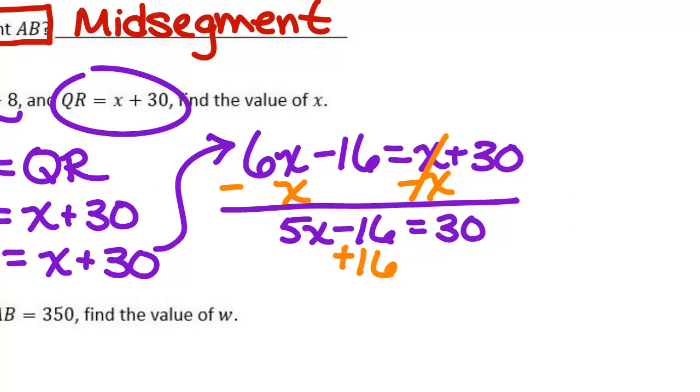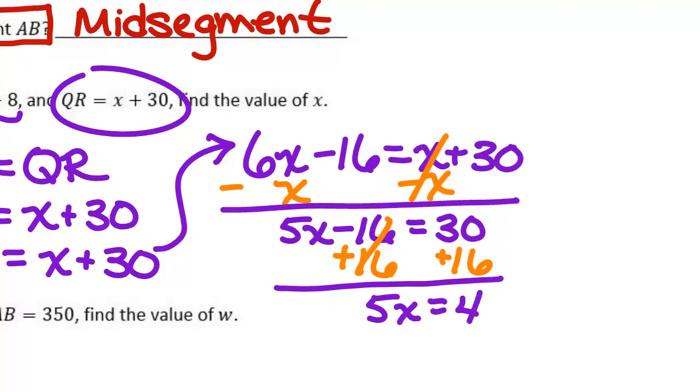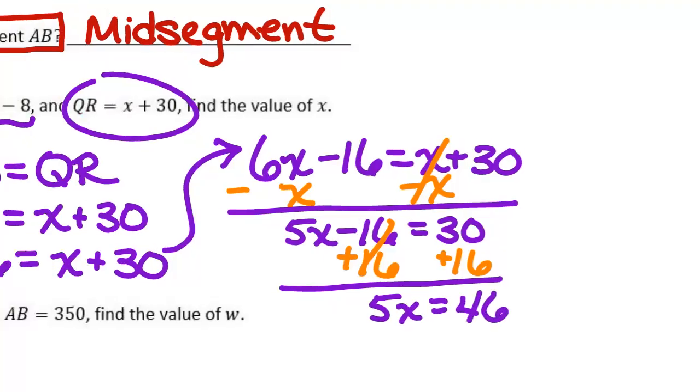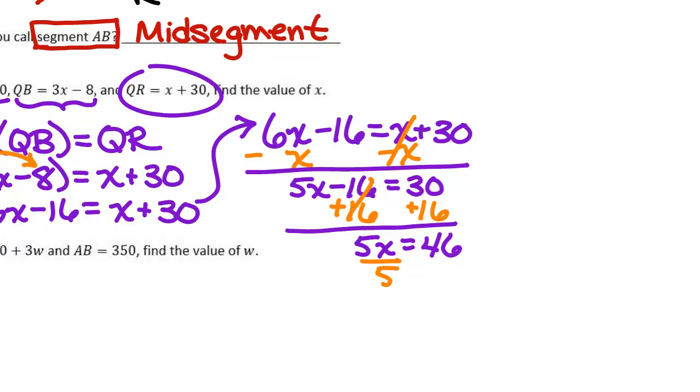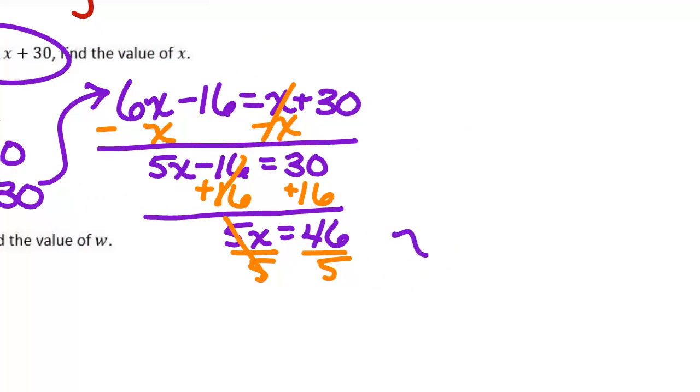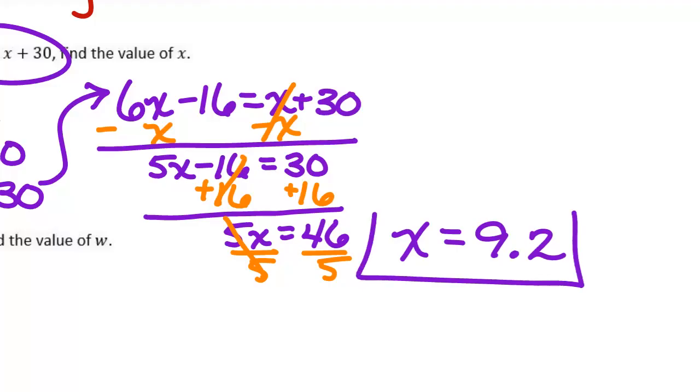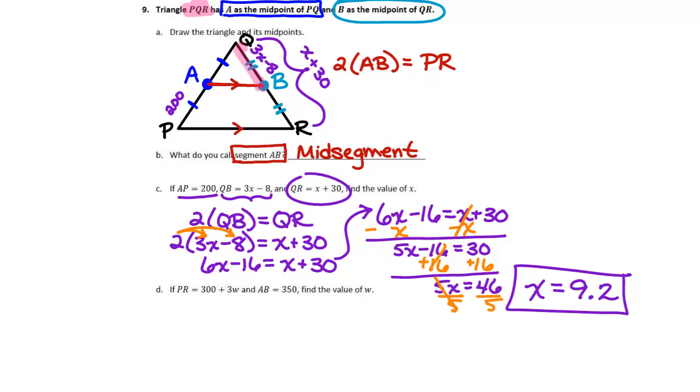Then I would add 16 to both sides. What is 30 plus 16? 46. So 5x equals 46. Then I divide both sides by 5. That means x is what? 9.2. Beautiful.